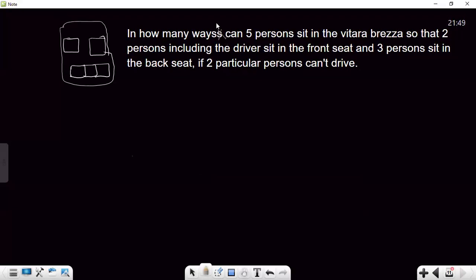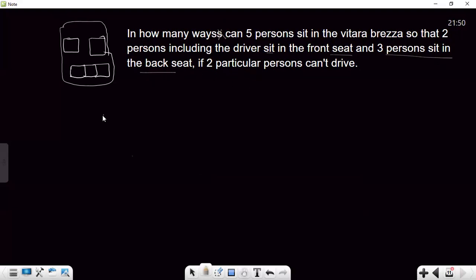So, in how many ways can 5 persons sit in the Vitara Brezza so that 2 persons, including the driver, sit in the front seat and 3 persons sit in the back seats?